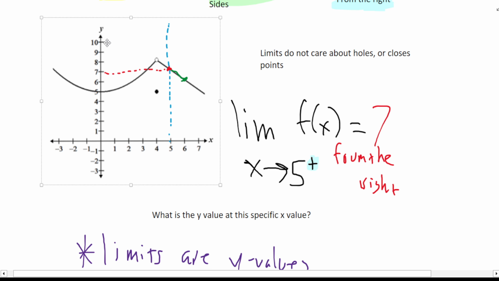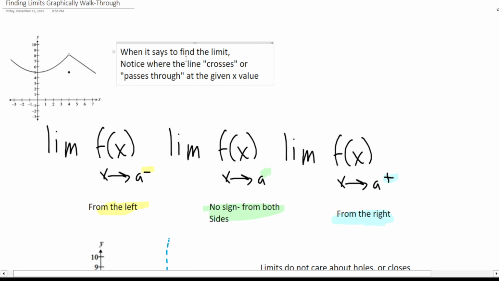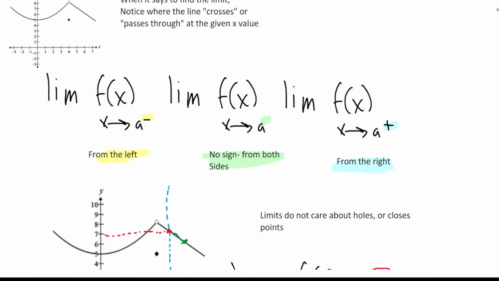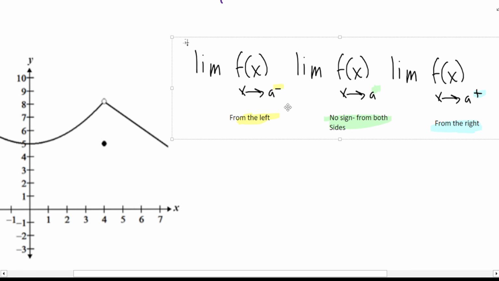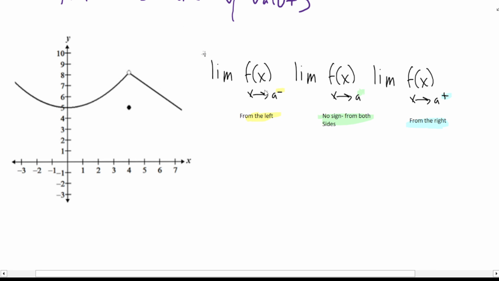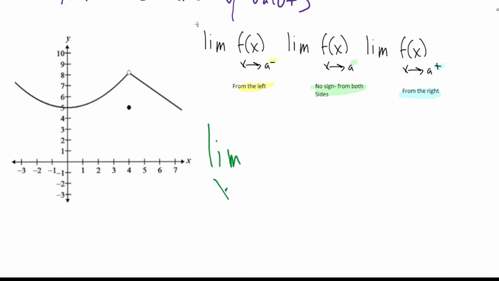So when we have another sort of graph, let me just go ahead and copy and paste this little cheat sheet because it's going to be super helpful. When I take a look at this problem, let's say I were to ask you, what is the limit as x approaches 3 minus of my function?